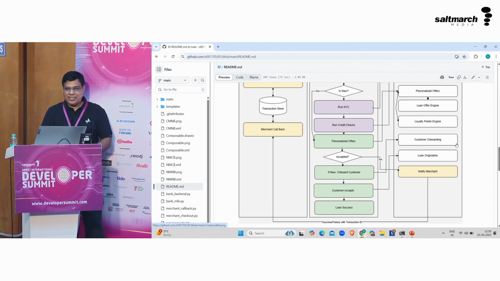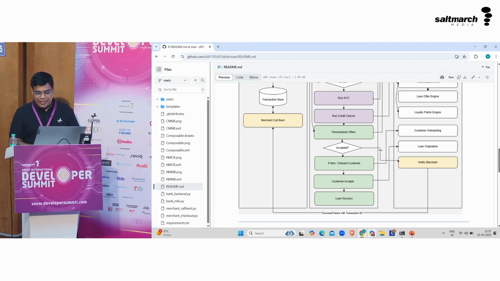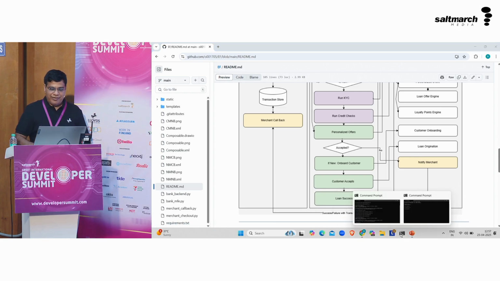And once the customer accepts the offer, then the loan is successful. Once the loan is successful or not, notify the merchant, and the merchant updates the transaction status, and essentially it goes from there. So let me quickly show you how easily it is done.